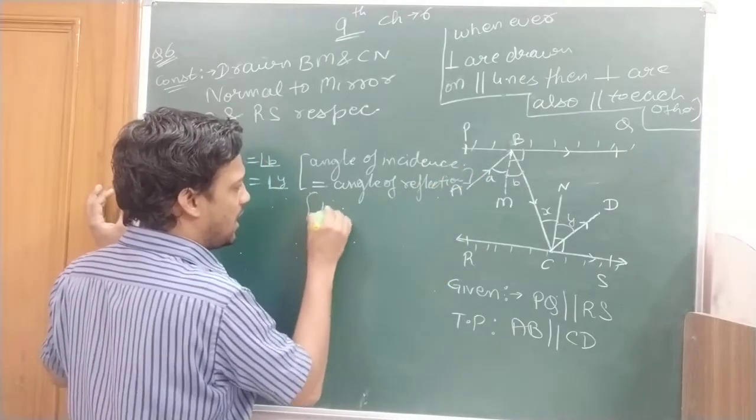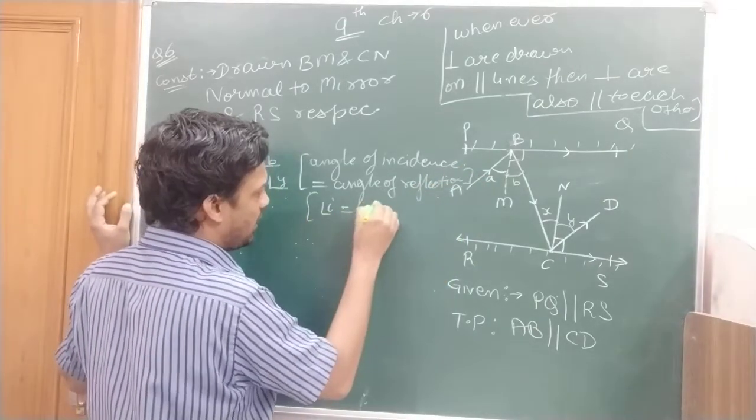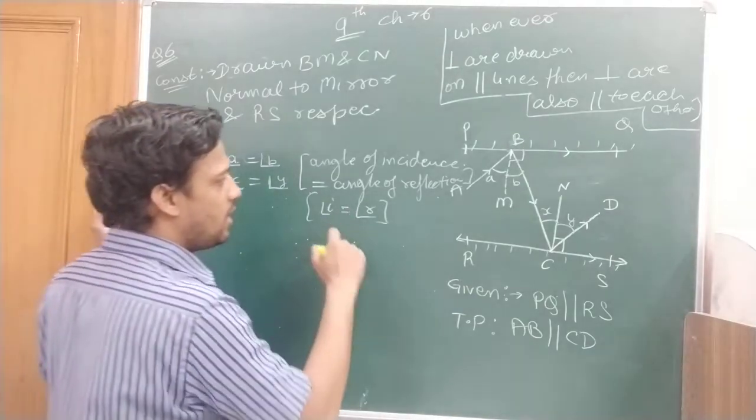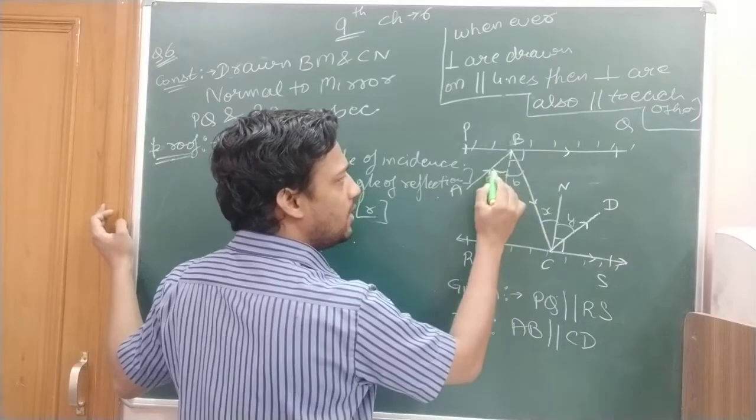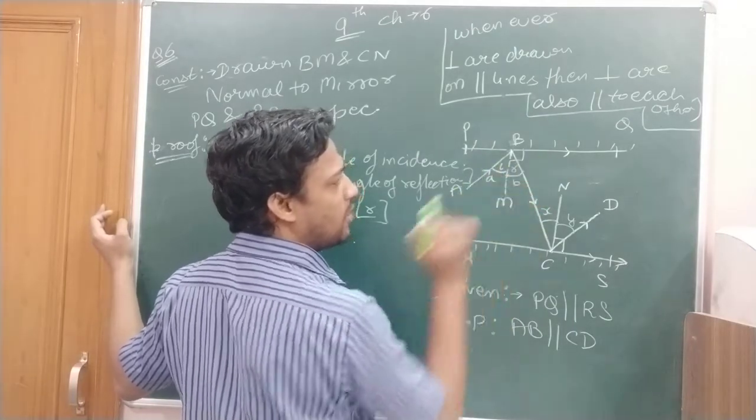It means angle I is equal to angle R. In science you already know this wording. If a ray reflects from a mirror, when you draw a normal to the mirror, then the angle of incidence is always equal to the angle of reflection.